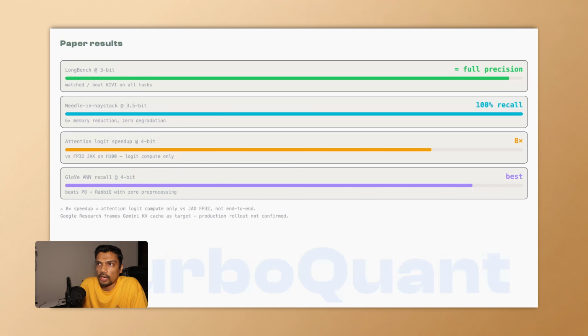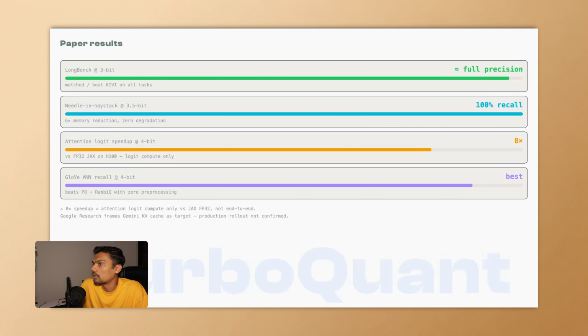At 3 bits per coordinate, which is approximately 10.7 times compression over float 32, TurboQuant maintained essentially the same score as the uncompressed baseline. No training, no fine tuning, just compression applied to the running model's KV cache. The comparison baseline was KIVI, the previous state-of-the-art KV cache quantizer.